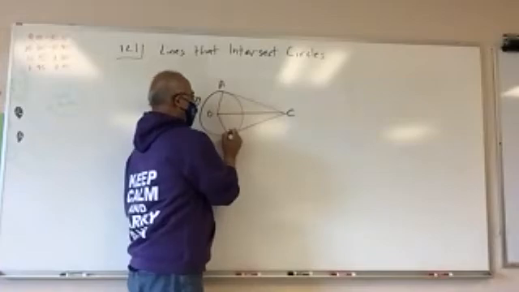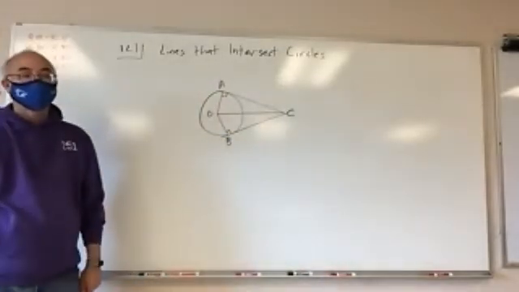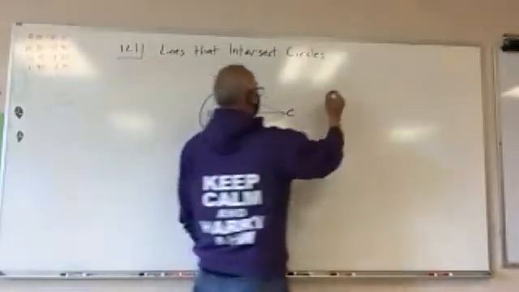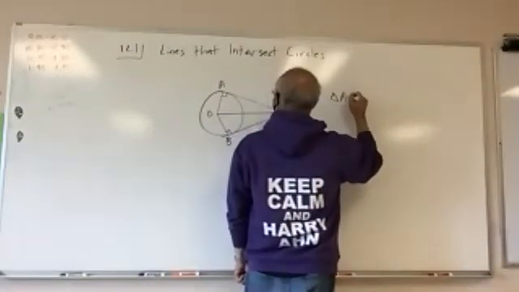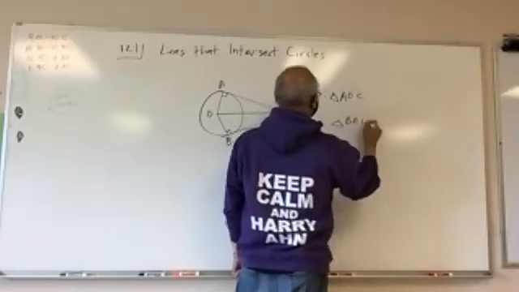Can you see that this has to be 90 degrees? So let's look at triangle AOC and triangle BOC.